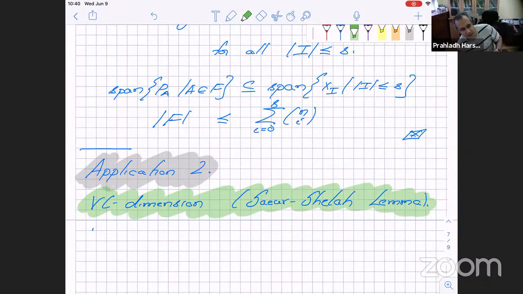So once again, it's this amazing thing. We want to put a bound on a particular set. We look at the function space on this set and show that this function space can be spanned by a small set of functions, and hence that puts a bound on the set. This is one way of showing an upper bound on the set.